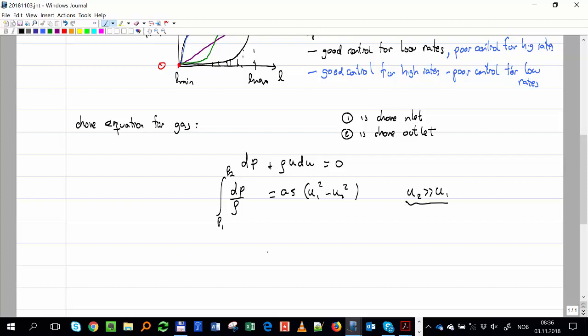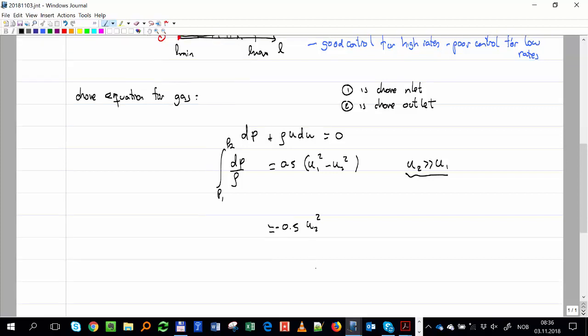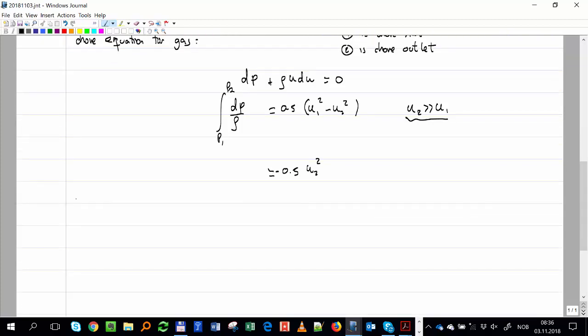So that expression now will be minus 0.5 U2 squared. So you end up just with that expression. And if you remember, the density was P divided by Z R T.